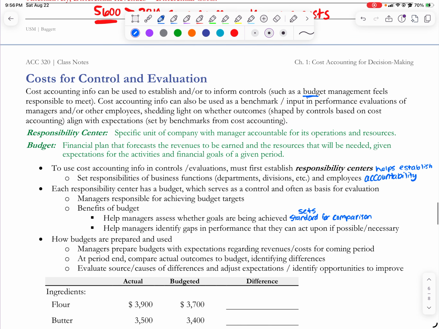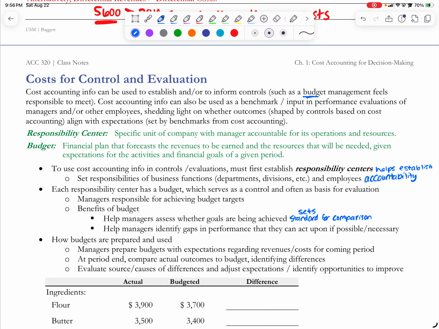So before we go about really using costs in these ways, as part of inputs and controls or evaluations, we first need to establish who's responsible for what, or establish responsibility centers, where we set responsibilities for certain business functions, who have specific managers who feel responsible for those functions of the business. Basically, establishing responsibilities helps us establish accountability.